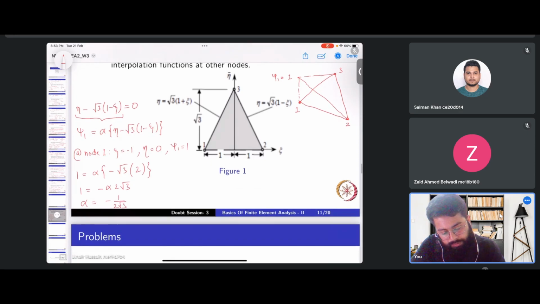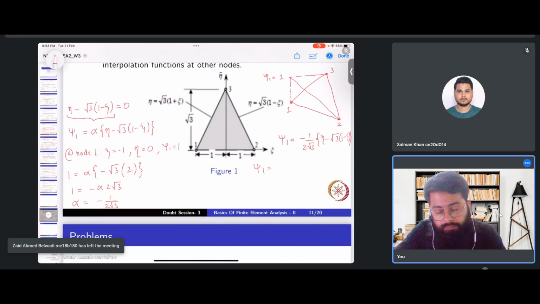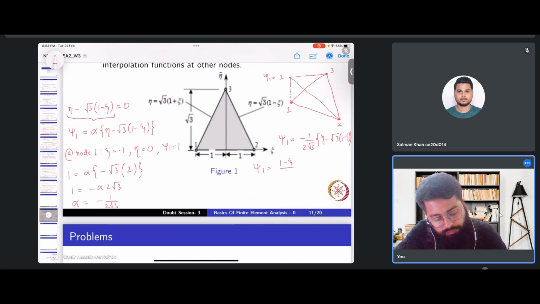Right? So I'll write it. So psi 1 equals minus 1 by 2 root 3 times eta minus root 3 times 1 minus zeta. So this becomes one minus zeta by 2 minus eta by 2 root 3.